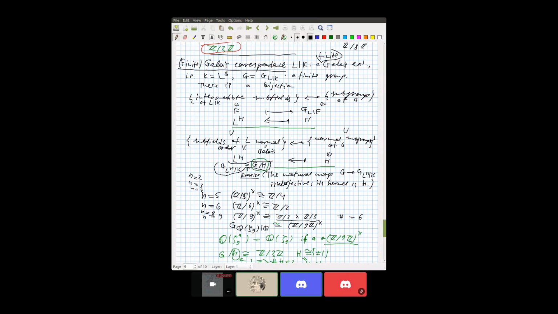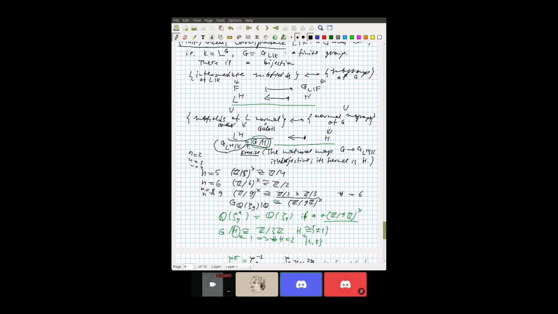So we want a subgroup of order 2 for G modulo H to consist of 3 elements. Yes, that's right. At a certain point, I don't see a problem here.